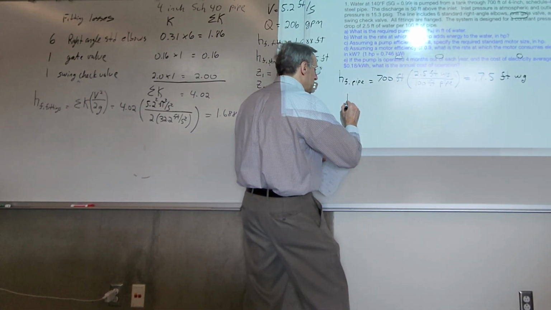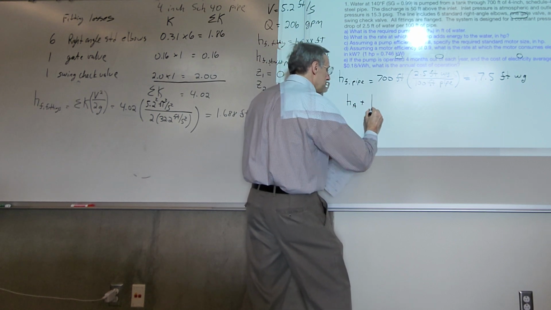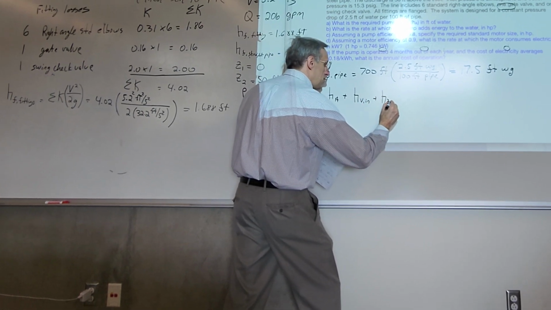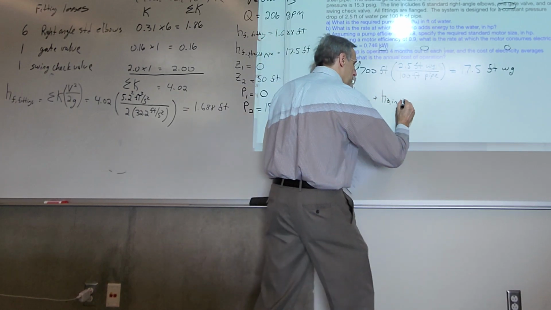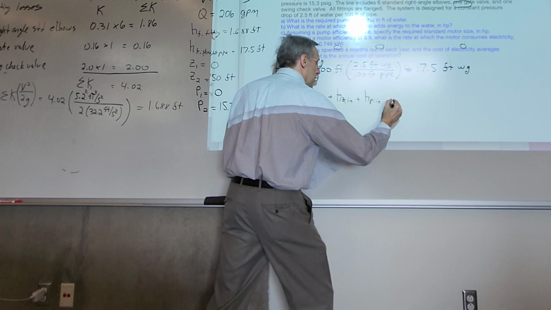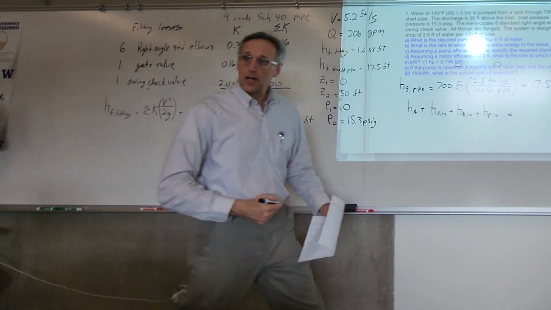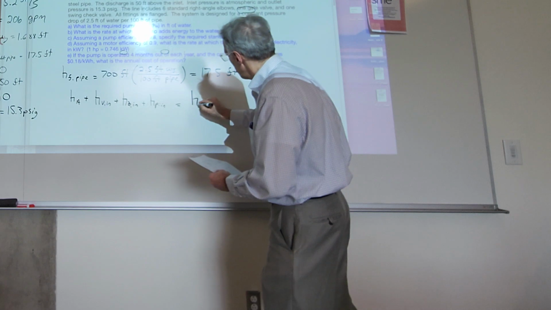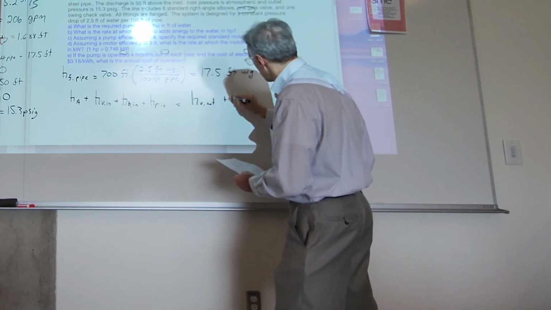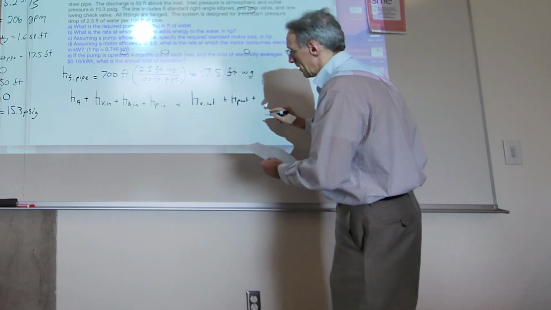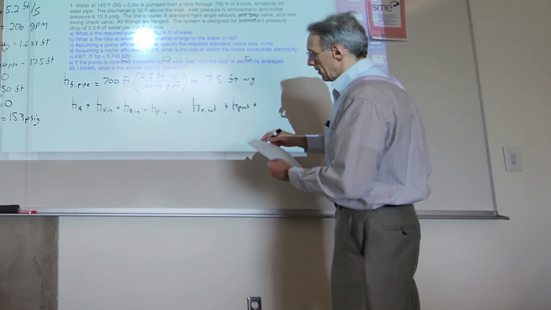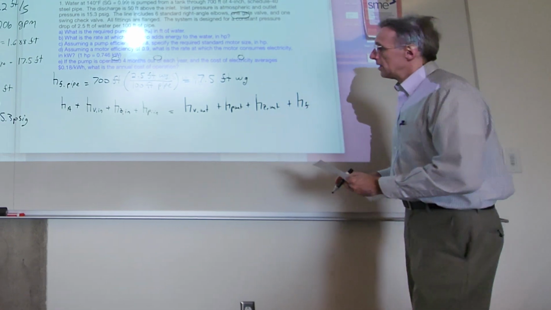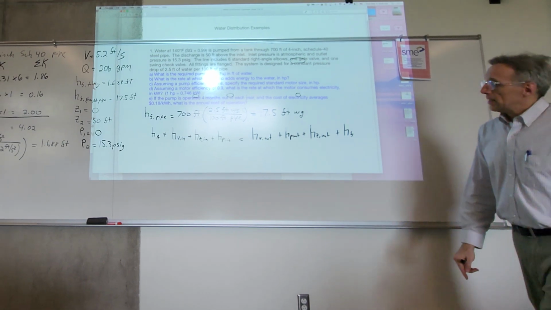So our extended Bernoulli equation says that the pump head plus our velocity head going in plus our elevation head going in plus our pressure head going in, so that's all of our energy going in, expressed as head, is equal to what's coming out: velocity head out plus pressure head out plus elevation head out plus the total friction. Okay, so we're looking for pump head.